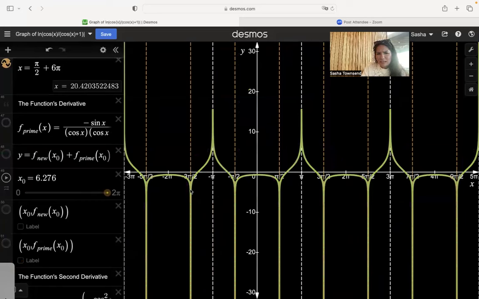Now it's a little bit funny how the Desmos is graphing this. The branches themselves are going to go to negative infinity as we approach those odd multiples of pi over 2, and positive infinity as we approach the odd multiples of pi. And then we get that negative natural log of 2 as the maximum value at all of those even multiples of pi.